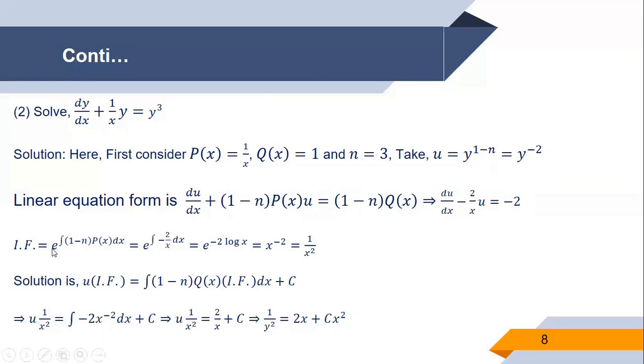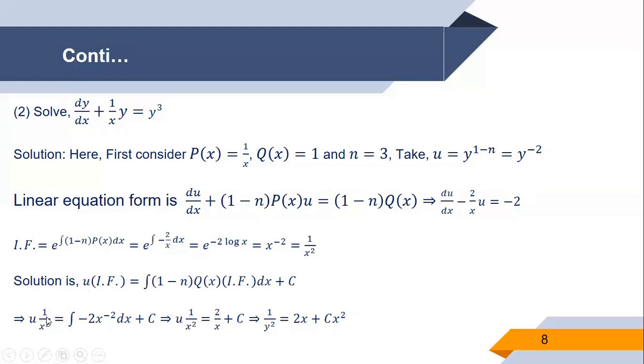So the integrating factor is e raised to integration (1 minus n) p of x dx. So e raised to integration minus 2 by x dx. So e raised to minus 2 log x. So we get the integrating factor 1 upon x square. Now we know the solution form, we replace the integrating factor with 1 upon x square.